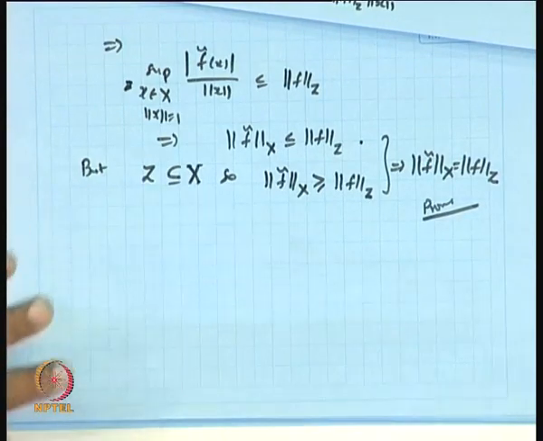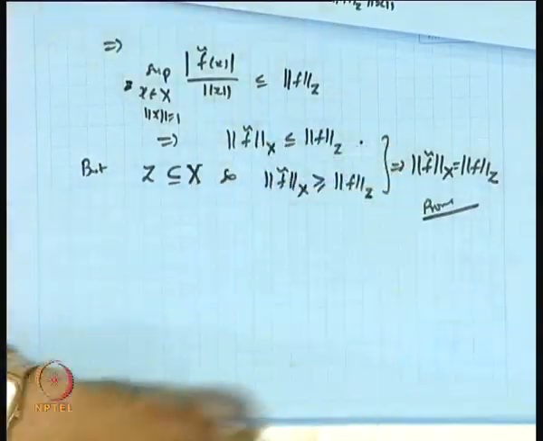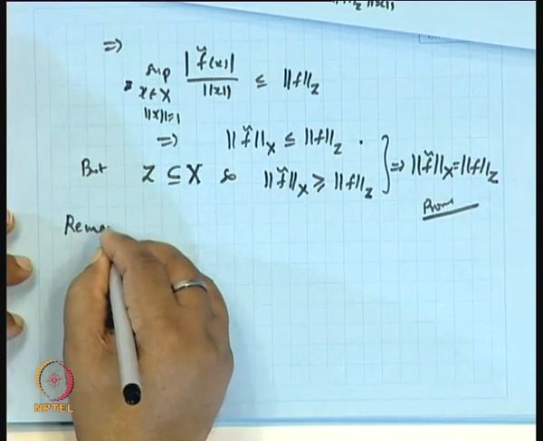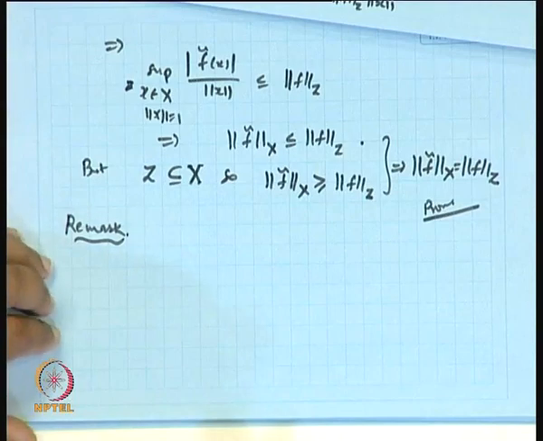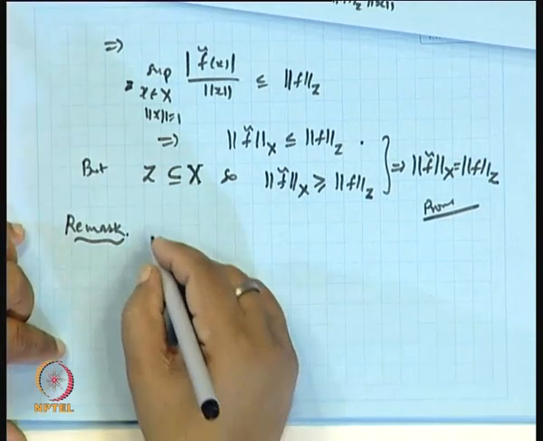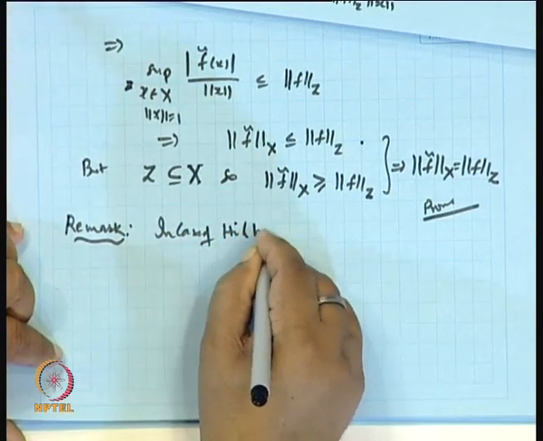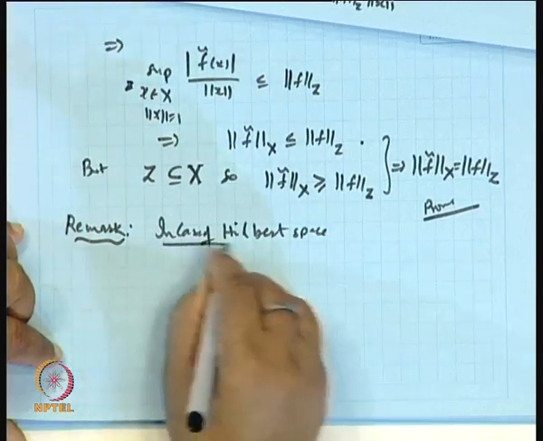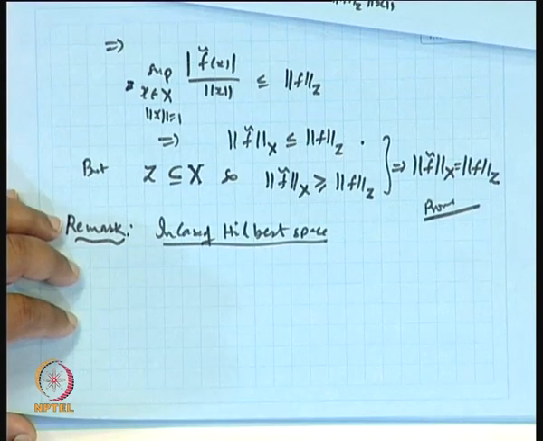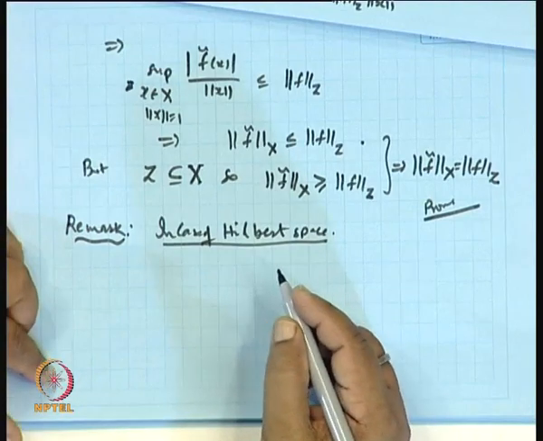Now, clear? We have seen the vector space case, and we have seen the case in the norm space. Now, in Hilbert space the situation is very simple. So, a remark: in the case of a subspace of a Hilbert space, this can be obtained with the help of the Riesz representation theorem.